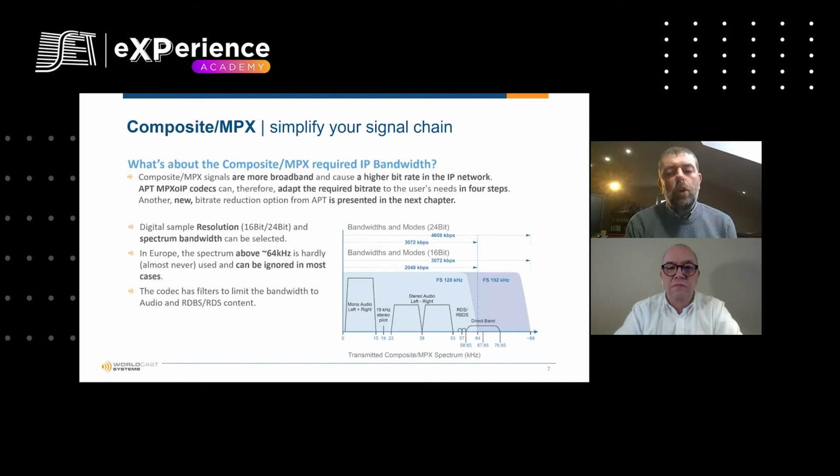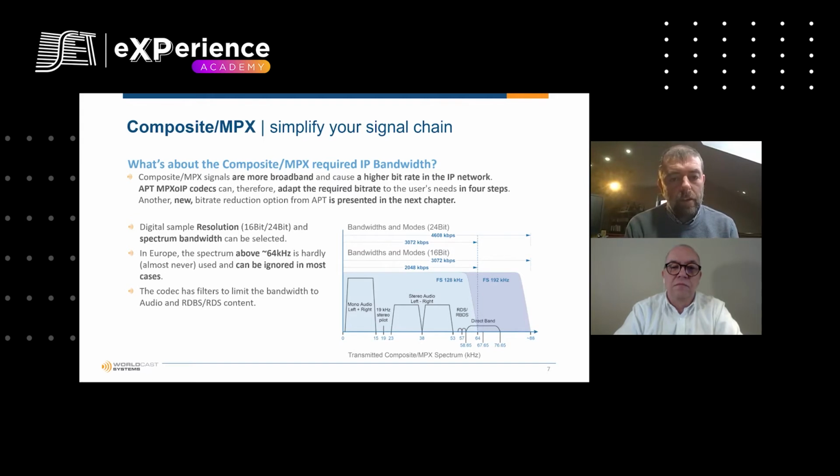However, a lot of broadcasters will choose to only encode up to 64 kilohertz of the FM spectrum, as there is no information, or at least for most broadcasters, there's no information carried in the subbands between 64 and 88 kilohertz. So basically, we're encoding the mono audio, left plus right, the stereo signal at 19 kilohertz pilot, and the RDS.